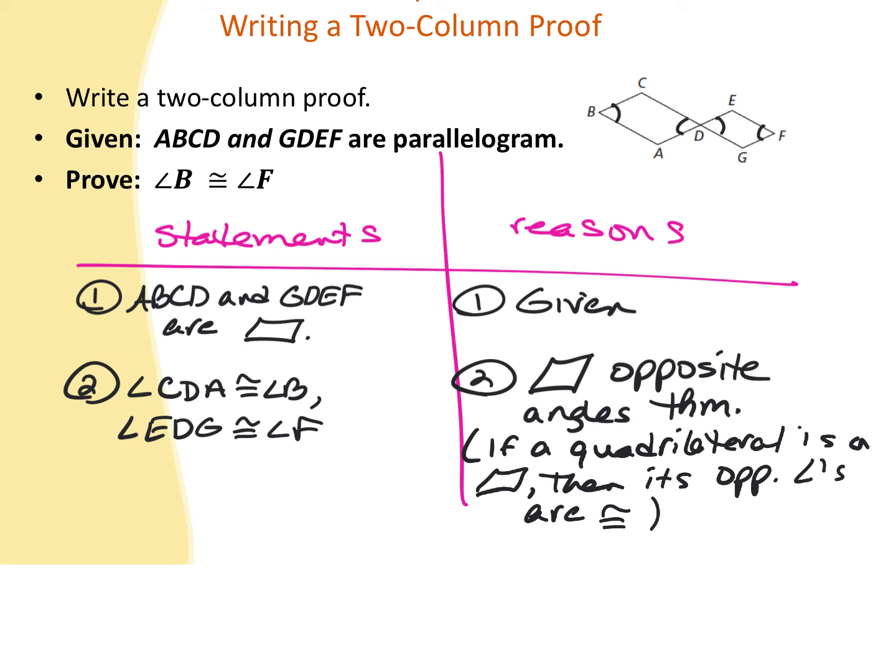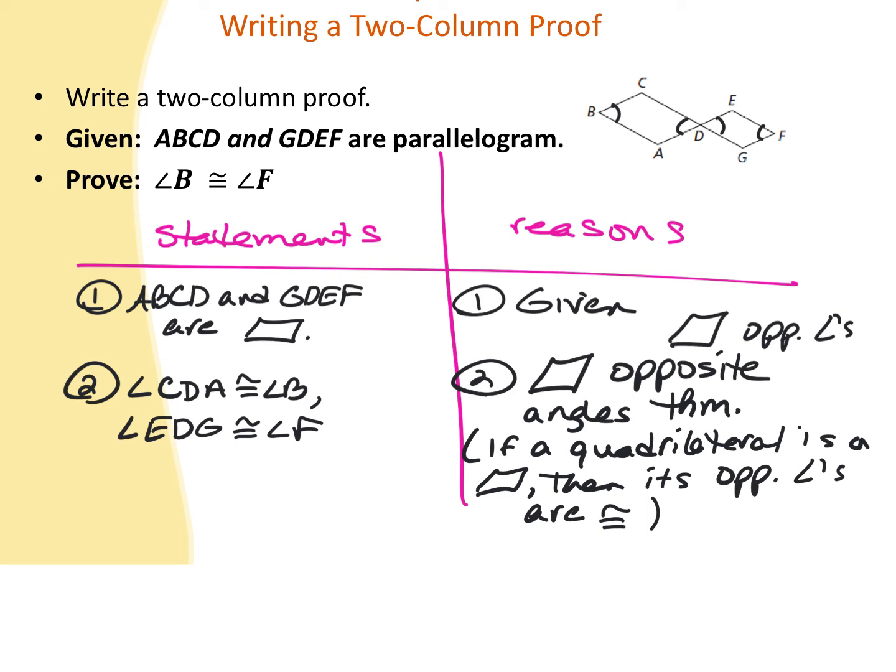So if you forget the name, then you have to restate what the theorem says. Either one, you don't have to put both. You could abbreviate it as parallelogram, opposite, angles, and then you don't have to write the word theorem. Be good? All right, so let's go.